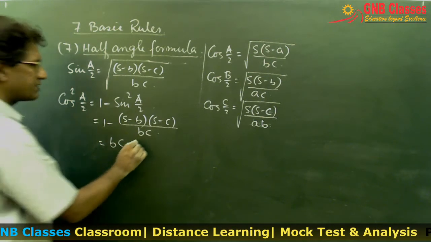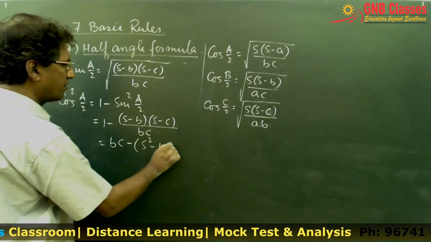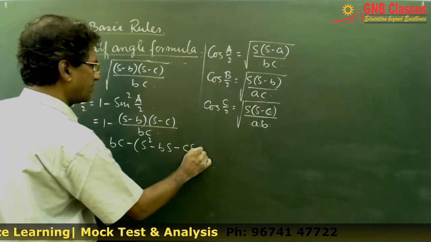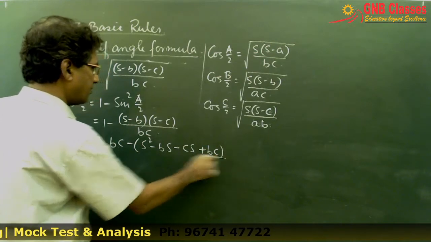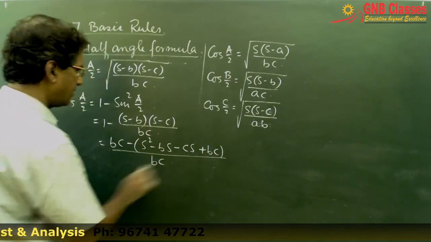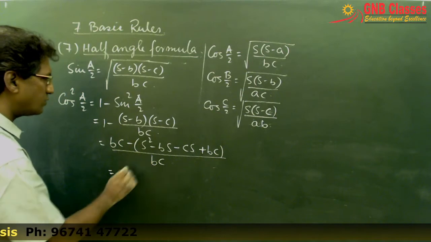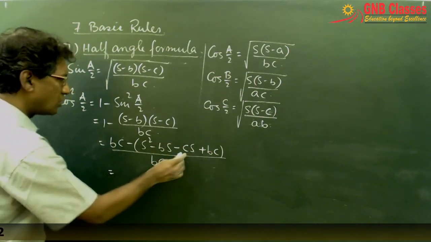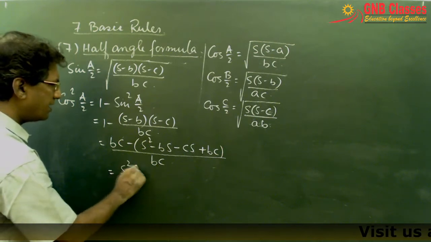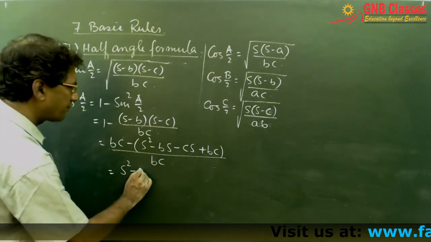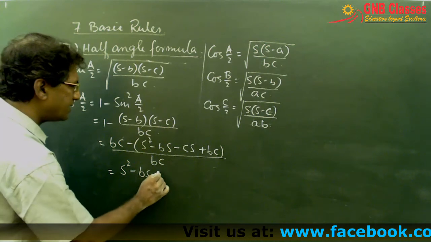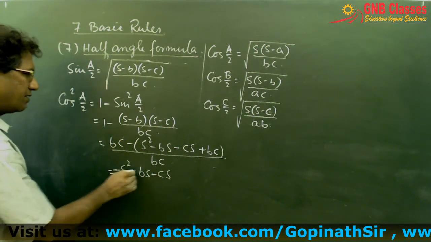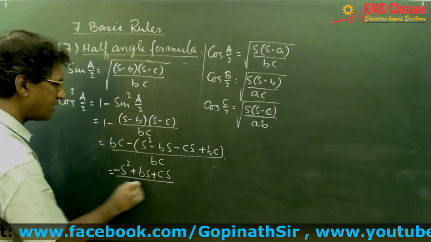So BC minus, just open the bracket, you are going to get what? BC, BC goes off. So we are left with what? S square minus BS minus CS minus S square plus BS plus CS divided by BC.